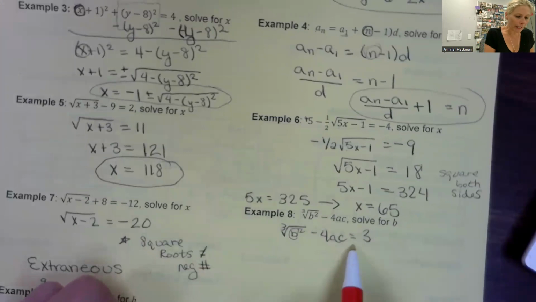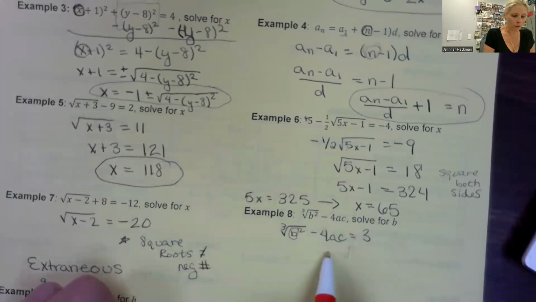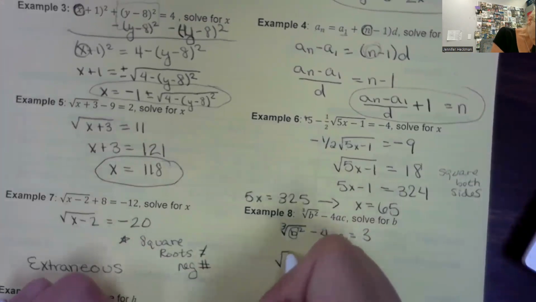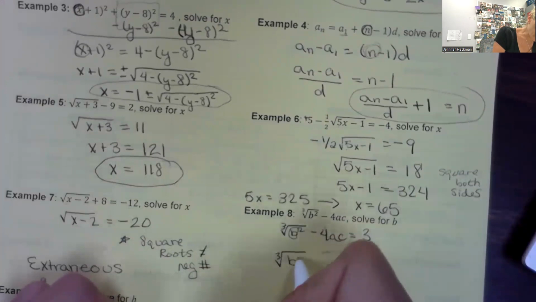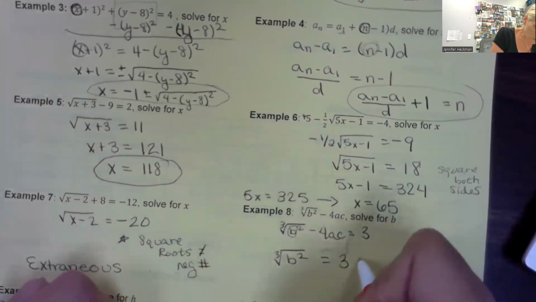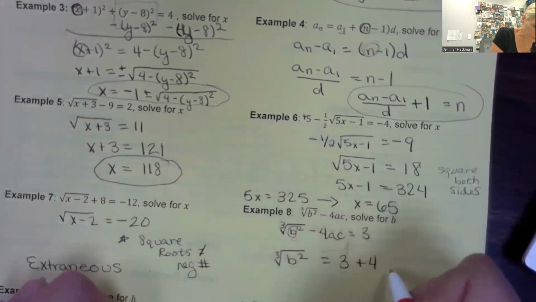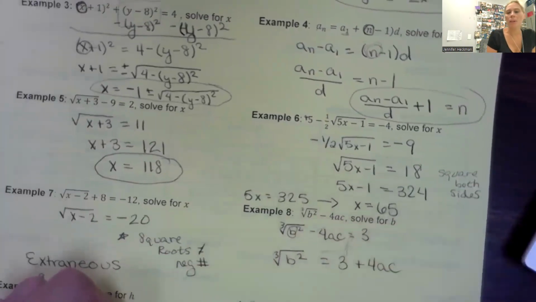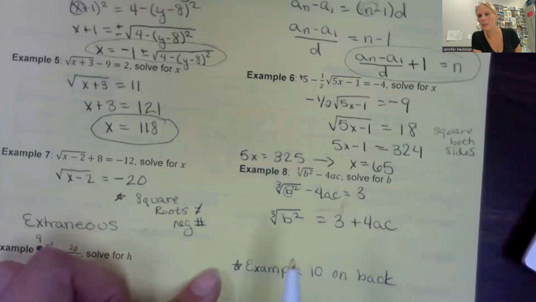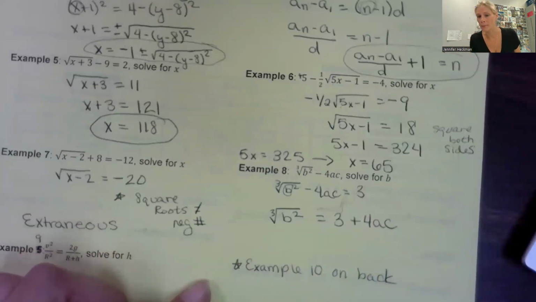So this term right here, 4AC is what's furthest away. So it's subtracting 4AC. So to get rid of it, we would add 4AC. Keep in mind, you cannot put these two terms together because they are not identical. They're not combining like terms.